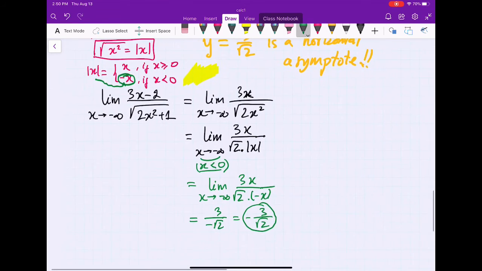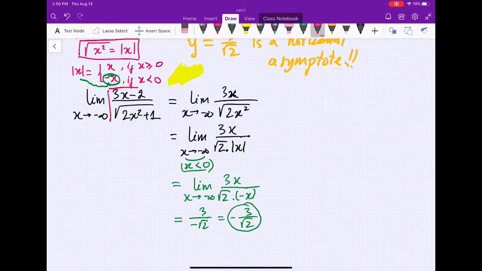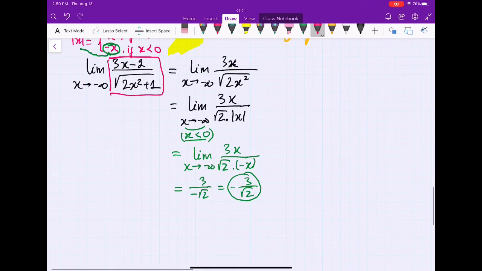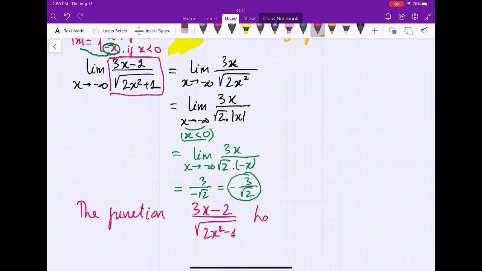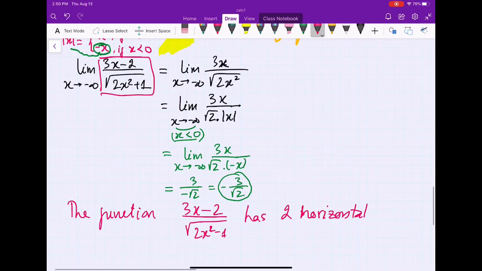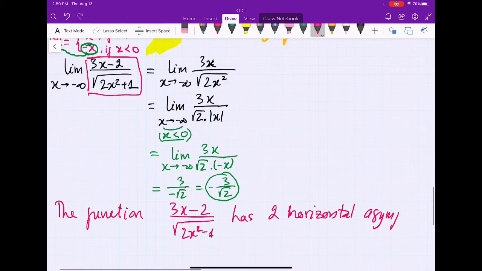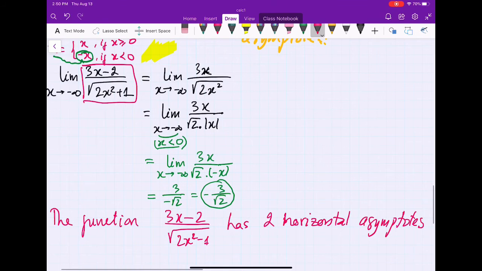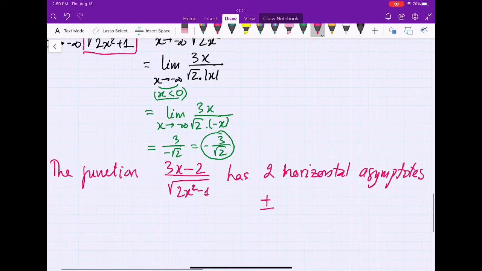So this function, 3x minus 2 over square root of 2x squared minus 1 has 2 horizontal asymptotes. You see, that is plus minus 3 over square root of 2.